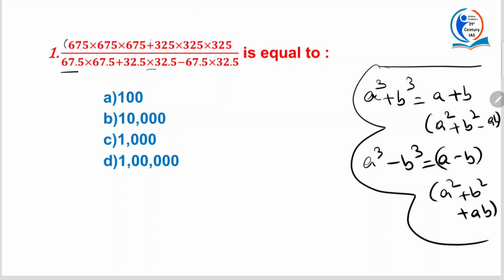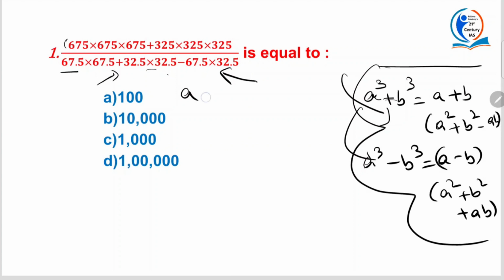Okay, if you observe the entire equation, it is in the form of some numbers, cube, and then square, minus multiplication of these two. Now, if you have to convert it into some form like this or this, you have to take some a and b, and precisely that should be from these numbers.